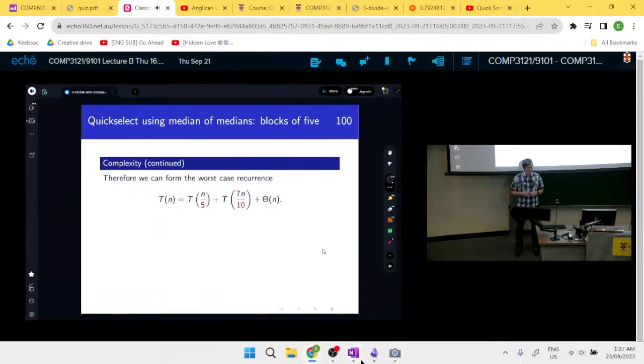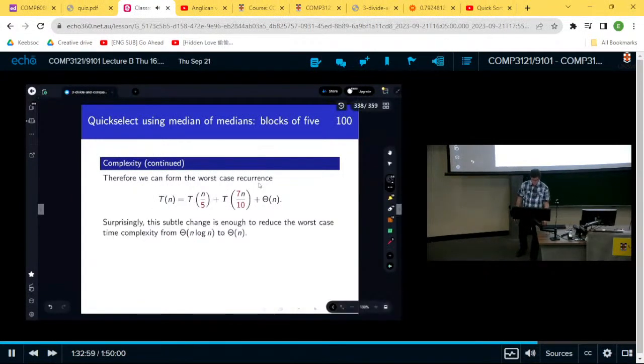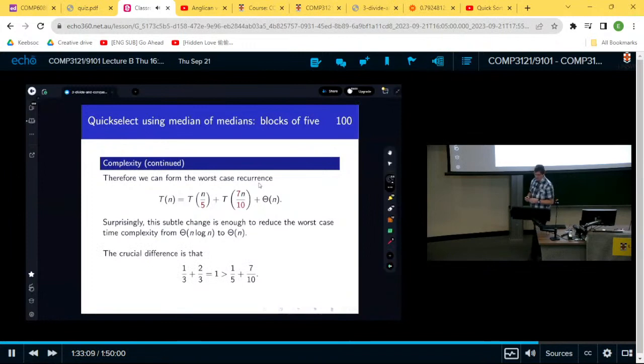So we can again look at our recurrence. Now, instead of n/3 and 2n/3, we have T of n equals T of n divided by 5 plus T of 7n divided by 10 plus etc. Surprisingly, this actually gives us a linear running time. The main observation that we need is that at the next level of recursion, the running time will be linear.